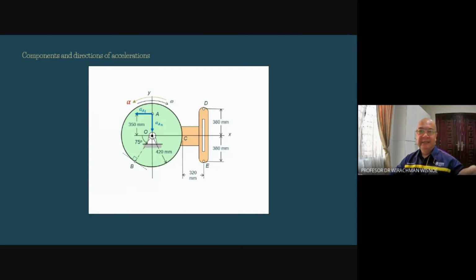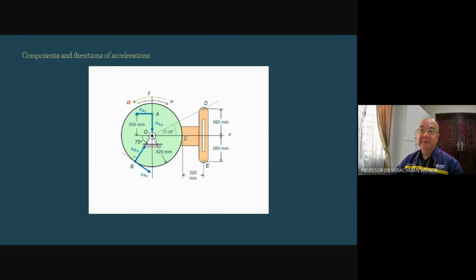At B, the direction of the tangential component will be directed to the right downward, and the normal will be directed towards O. At D, you connect the points O and D. We have calculated the angle previously, 27.18 degrees.